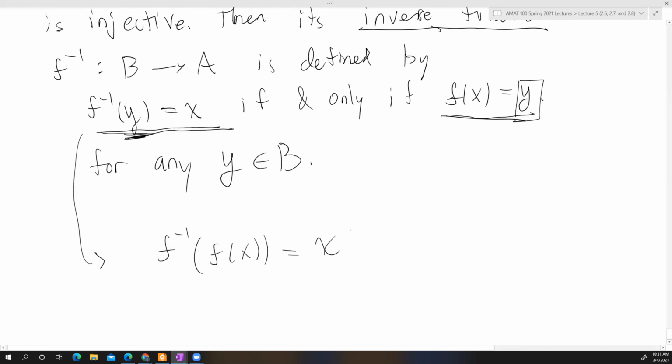And then I can do the same thing, switching f inverse and f. We know that if this is true, then x is equal to this, and I can substitute x into here, and I get this. So they undo each other, as we said they would in the beginning.